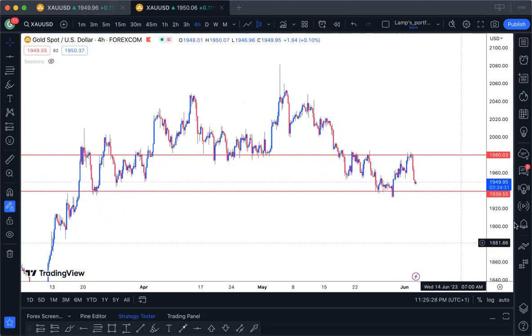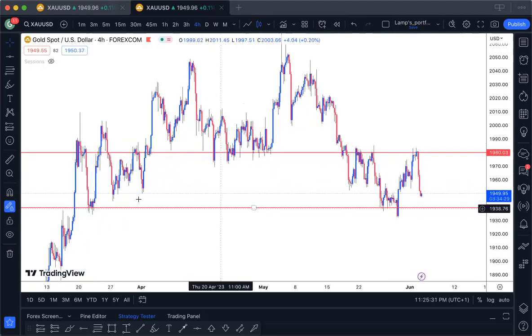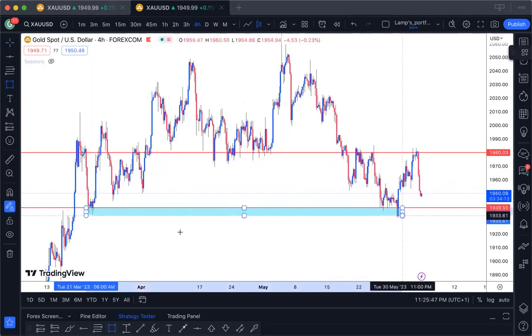Now, the major level I marked, this very first one. Can you see my mouse? Yes. I pick, and I mark from the red line to the wick. Do you see the wick? I mark to the wick, and mark that zone down.